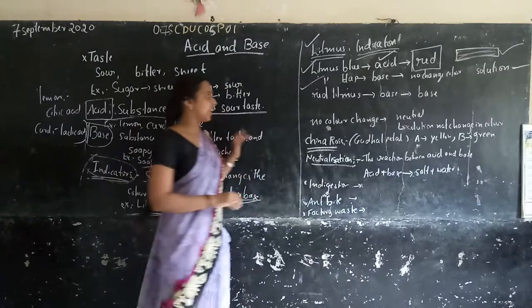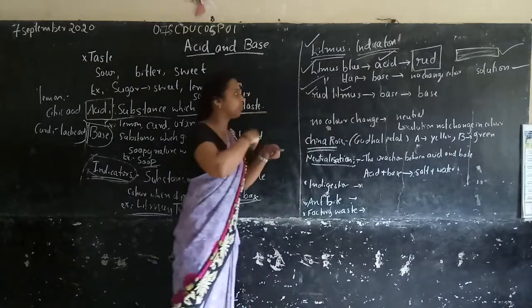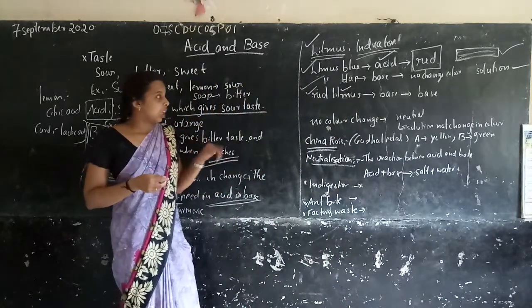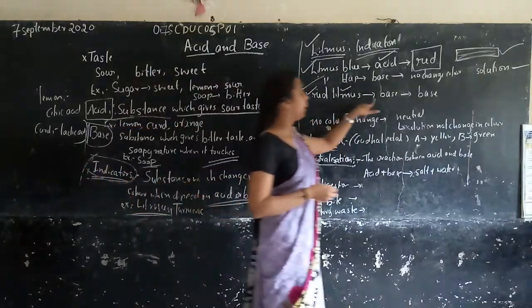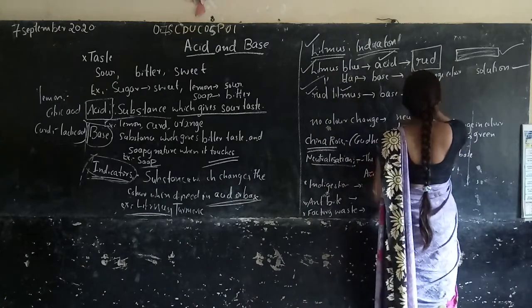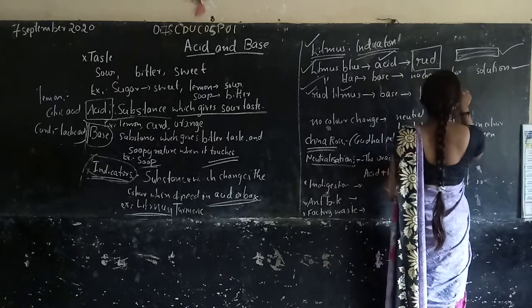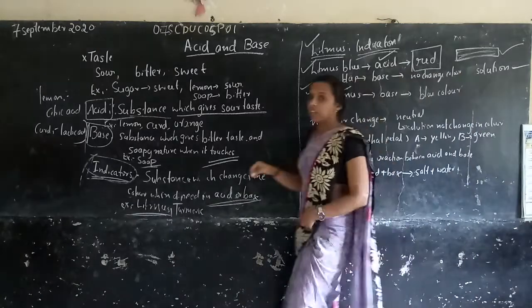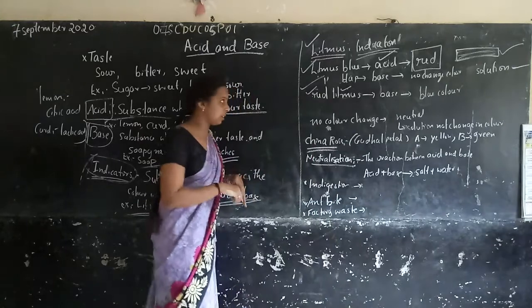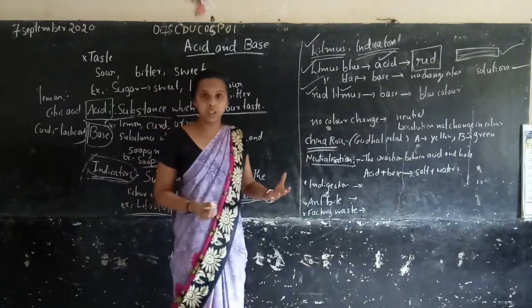So how can we identify that something is a base? There is another one, the red litmus paper, which is the reverse of that. If red litmus paper is dipped in a base, it will show a blue color.